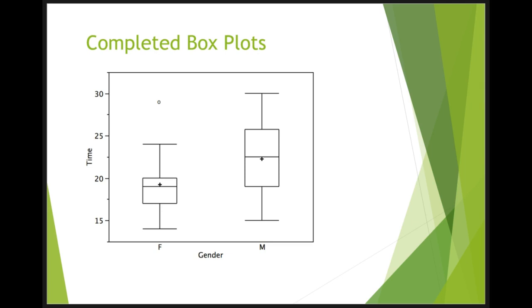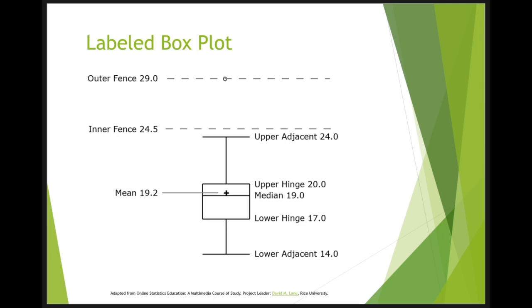We also can see that the median time for women is pretty close to the 25th percentile for men. This indicates that a woman who is slower than half of the women would be slower than about only 25% of the men. Here we see the box plot for the women with detailed labels.